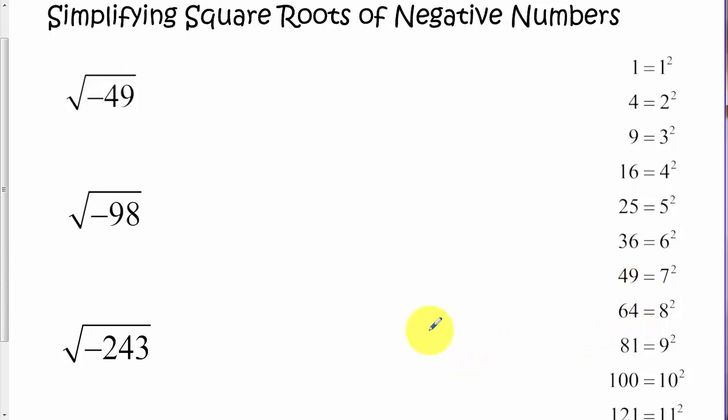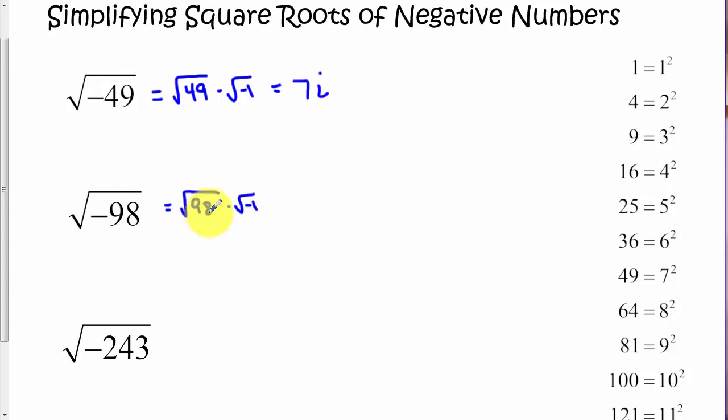In addition to that, now that we have negative signs, anytime we have a negative under the radical, it will become an imaginary number. So 49 is a perfect square, so we could split this into the square root of 49 times the square root of -1, which would be 7i. So again, we break out the -1, which becomes the i.